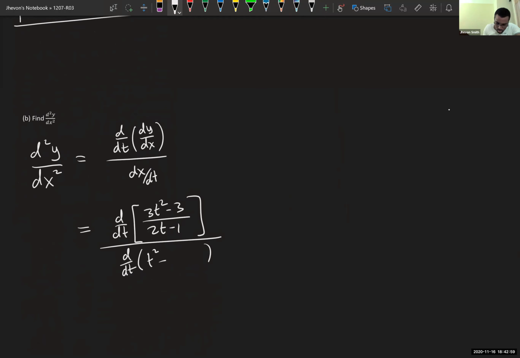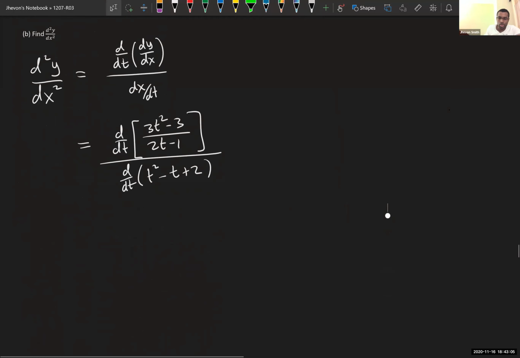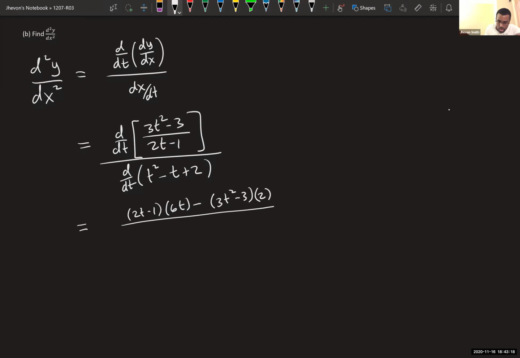So that's it. And now, of course, how do you differentiate the top? Quotient rule, like always. Okay, so it's the bottom times the derivative of the top minus the top times the derivative of the bottom over the bottom squared, over 2t minus 1.